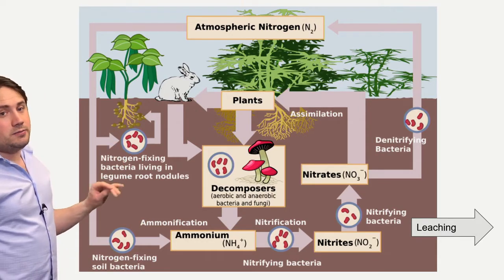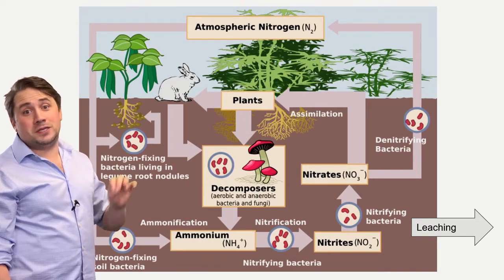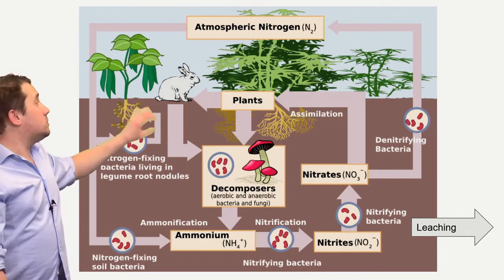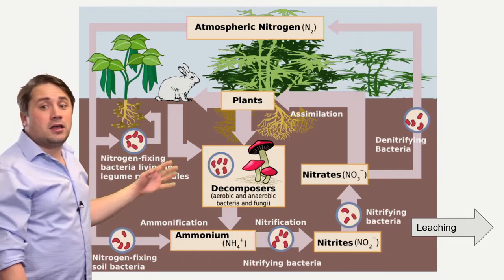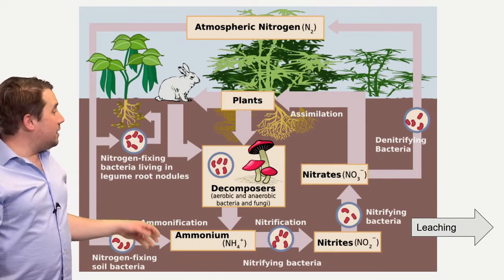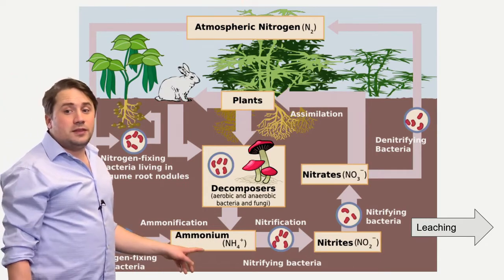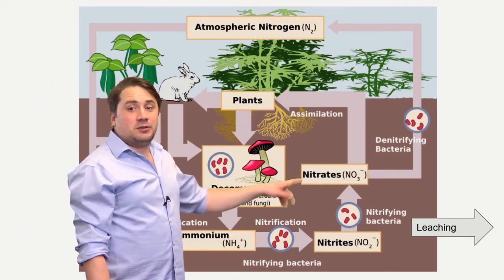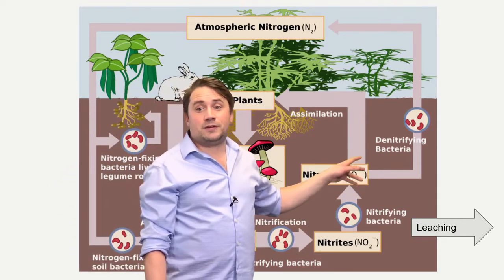It's done by lightning a little bit. And it's increasingly, and very importantly, now done by humans through the Haber-Bosch process. So nitrogen fixation is the process by which you increase the biologically available forms of nitrogen in an ecosystem, and fixation produces ammonium. And this ammonium can then be assimilated by plants or by other microbes living in the soil after fixation occurs.